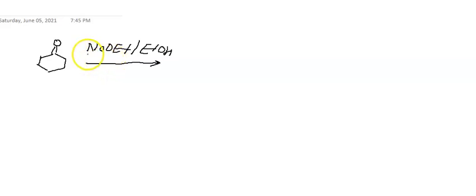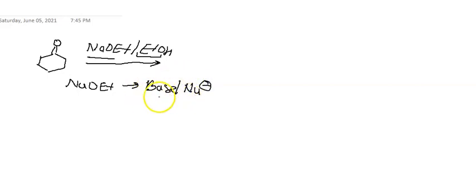Firstly, EtOH is a solvent and NaOEt is your base, as well as a nucleophile, because it has a tendency to attack directly as a nucleophile, and it also behaves as a base because it abstracts the more acidic hydrogen.